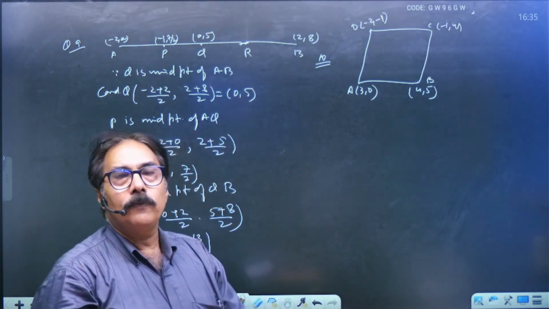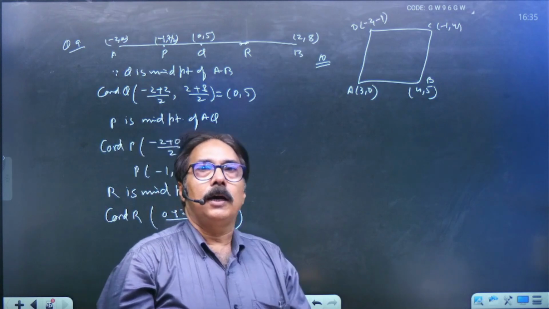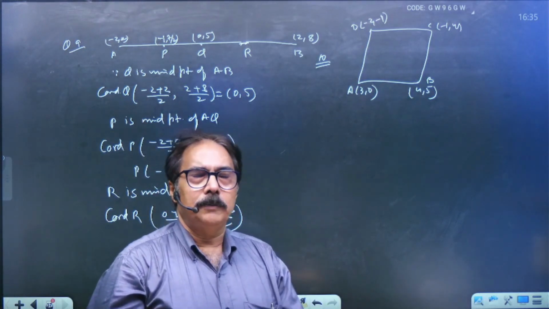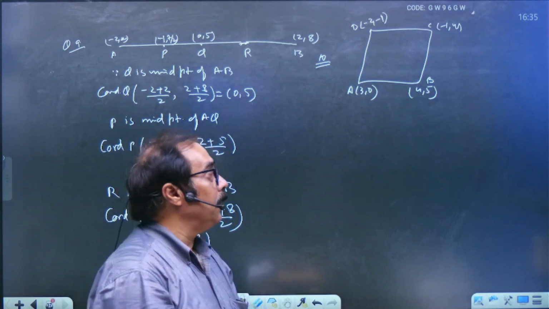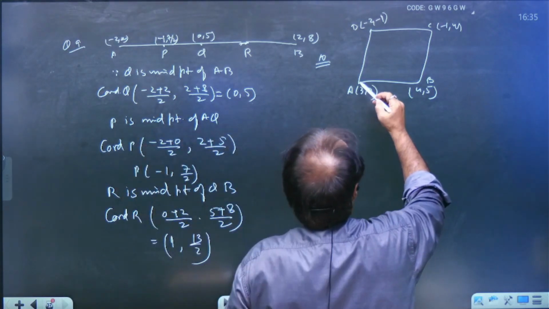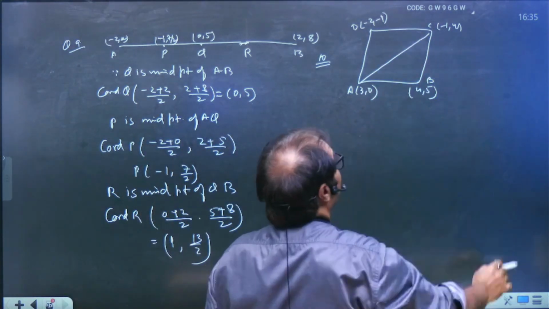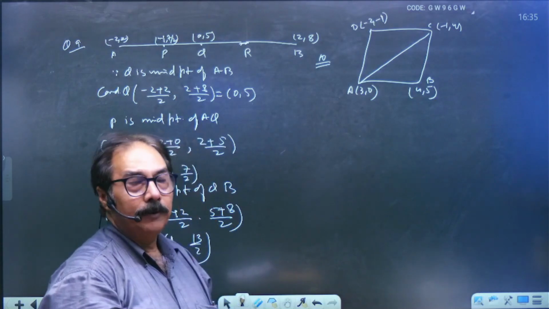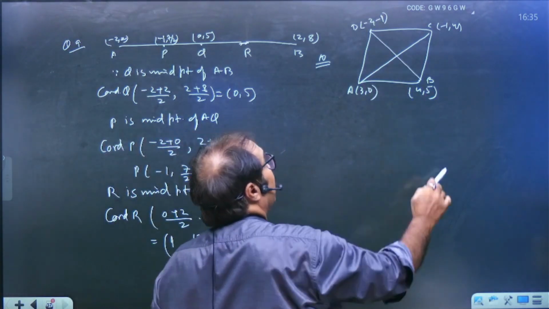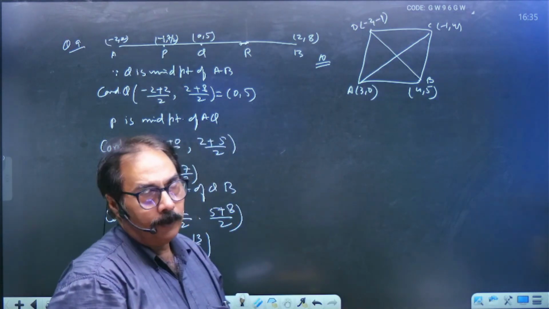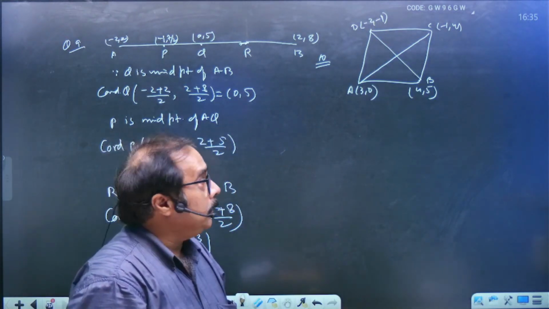So the area of the rhombus is equal to 1 by 2 into the product of its diagonals. It means by using the distance formula, first we will find the length of the diagonal AC and the length of the diagonal BD. Then the area of the rhombus is 1 by 2 d1 d2.